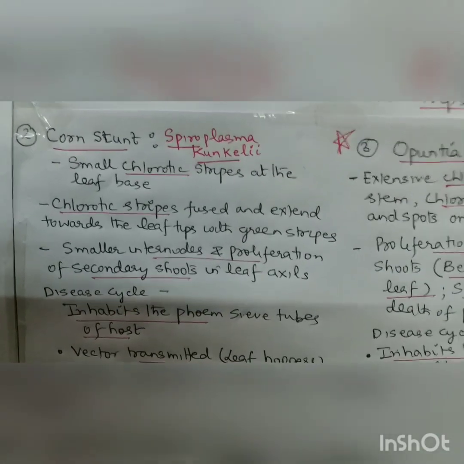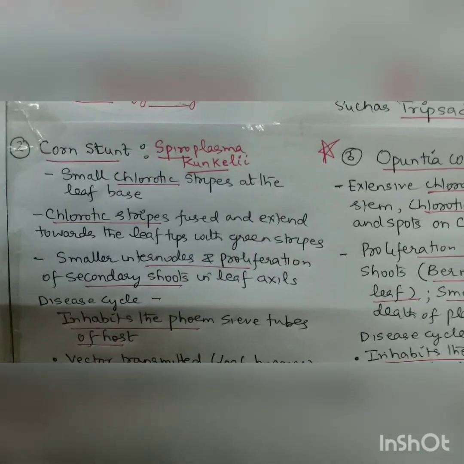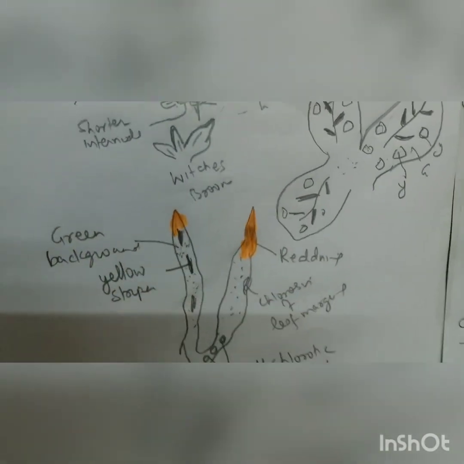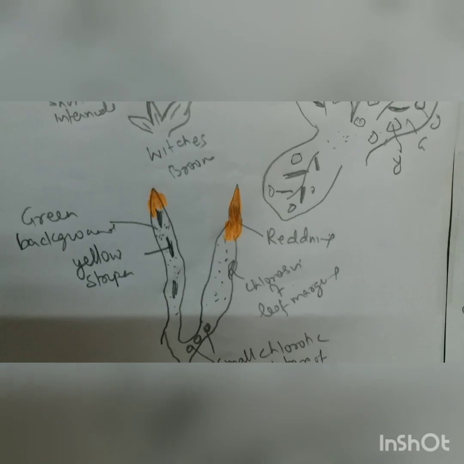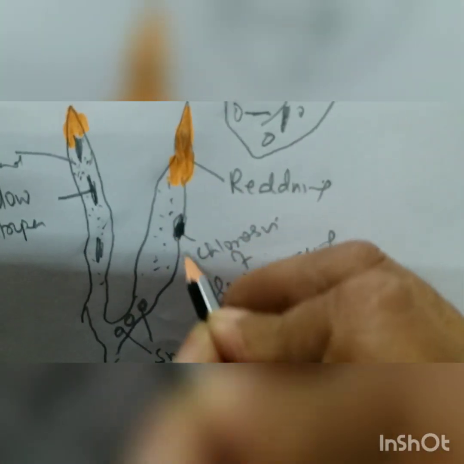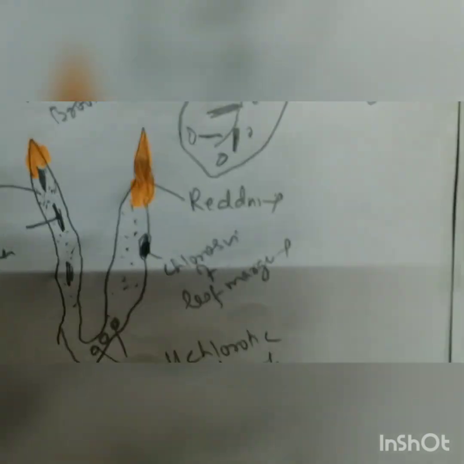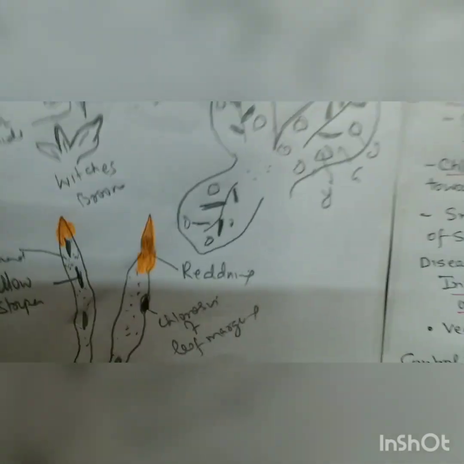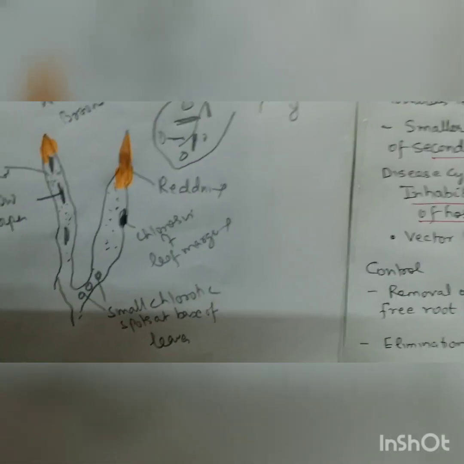So the first symptom which starts is the chlorosis of leaf margins, like this. Chlorosis of the leaf margin is the first symptom we are dealing with.